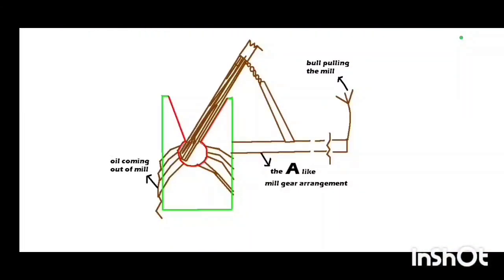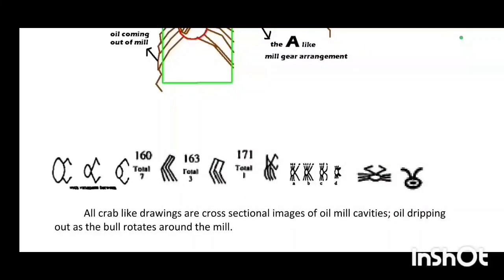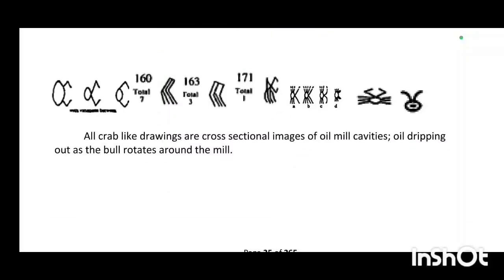A clear picture of cross section of oil mill where the cavity is shown, the A symbol is shown, and oil coming out of that mill is also shown. The crab-like symbol represents the inside cavity and oil coming out of that cavity. Different variants of that crab symbol.